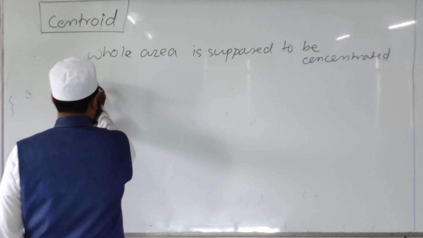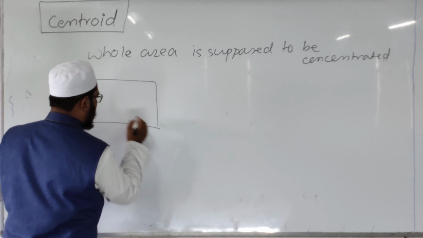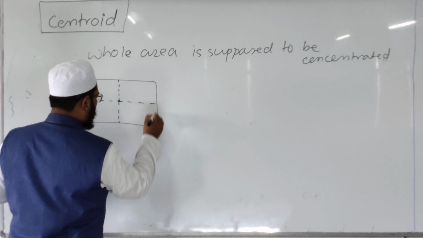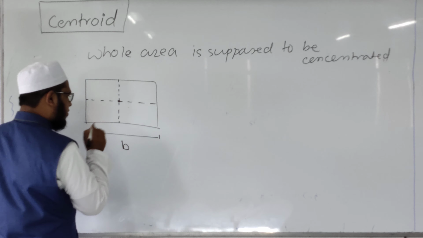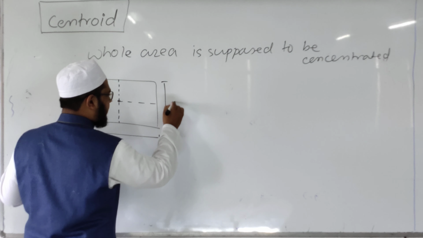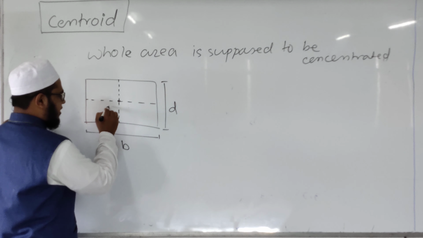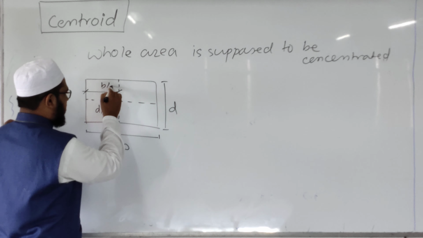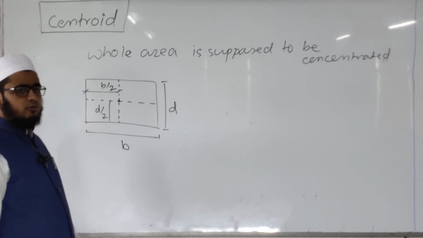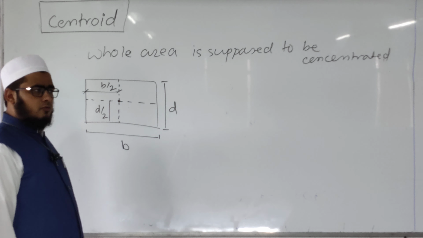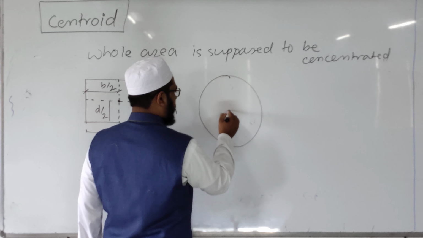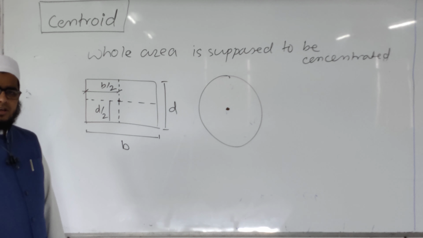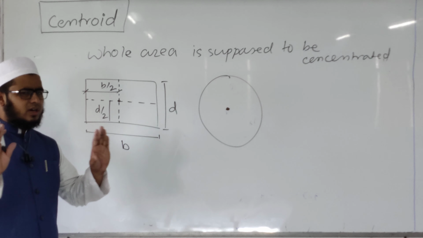For example, in a rectangle, the midpoint of width b and depth d, that is, d by 2 and b by 2, is the centroid of this rectangular figure. For a circle, the center of the circle is the centroid of the figure. Likewise, for standard figures, we all know what the geometric center is.